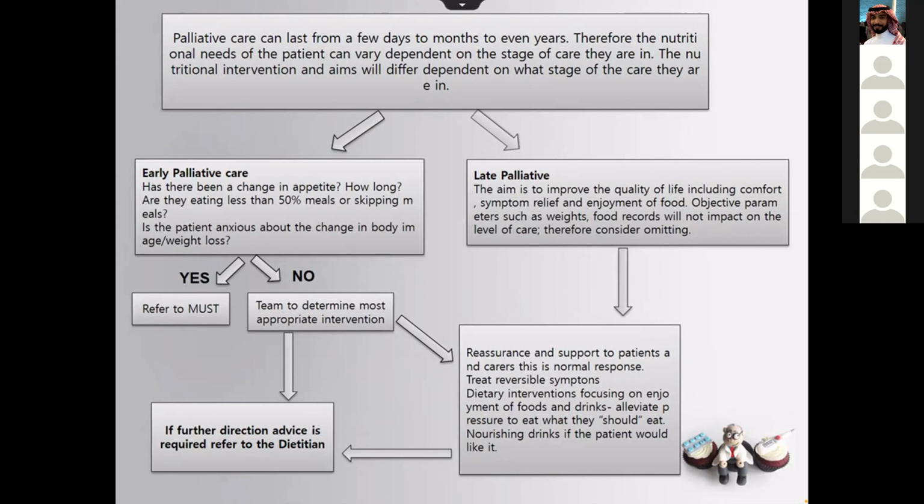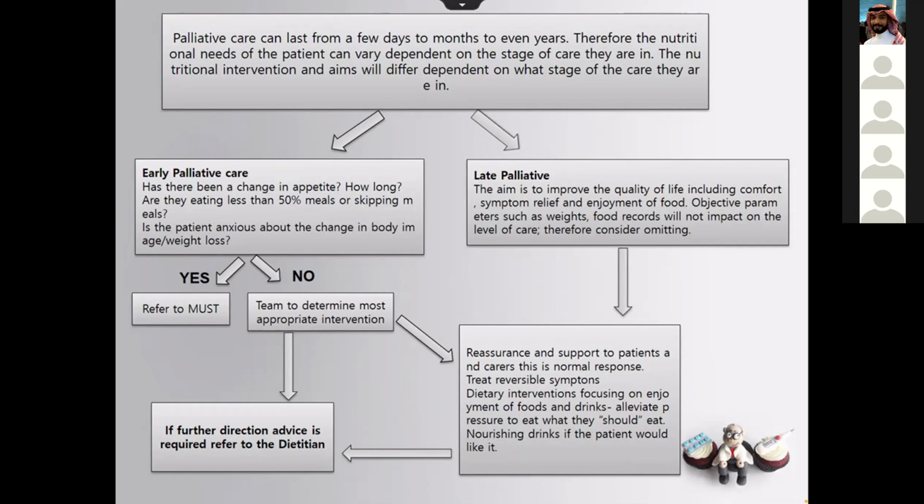If the patient gets a high score on this question, we have to refer to the Malnutrition Universal Screening Tool, MUST. If not, a team determines the most appropriate intervention. So dietitians with the primary team can decide the proper diet plan management for patients.